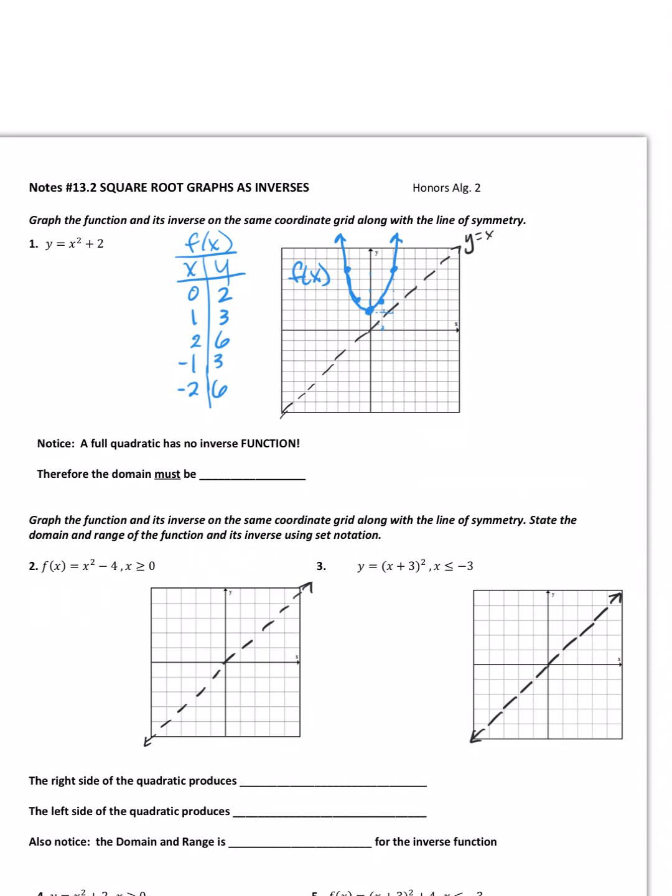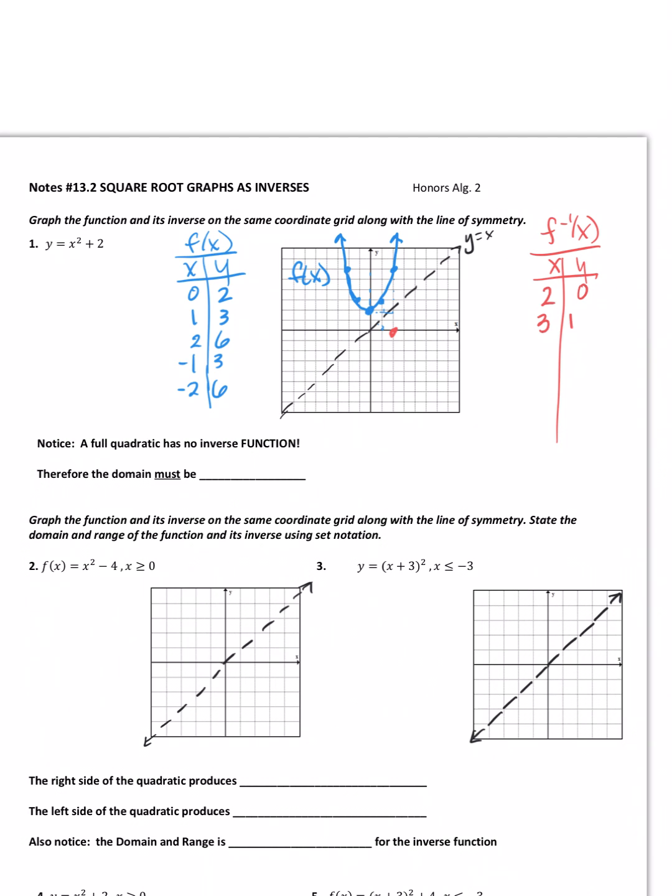So to get the inverse function, you don't have to write this out every time. I'm just showing you what happens. By definition, the inverse function, the x and y coordinates, these two values switch places. So for instance, where it was 0, 2, now x is 2 and y is 0. And at 1, 3, it switches to 3, 1.